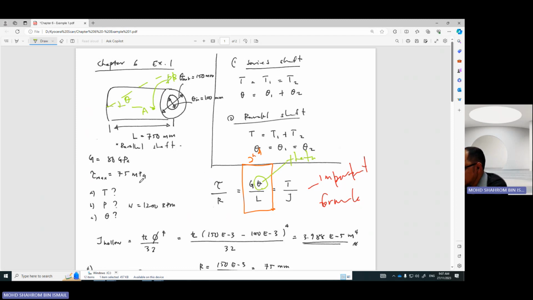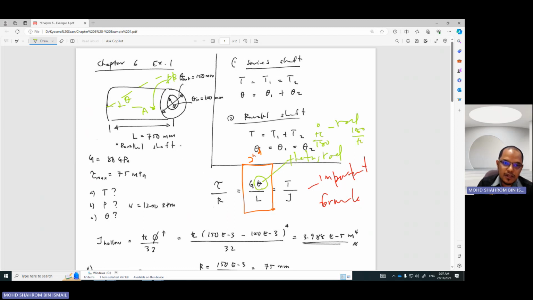Angle of twist usually has the unit radian, rad. So people know how to convert angle to rad, with pi over 180 and 180 over pi.